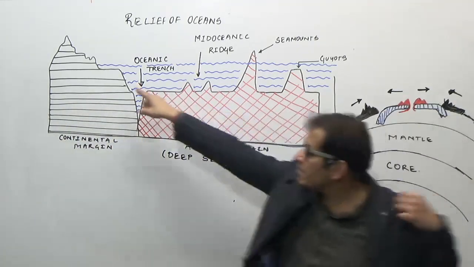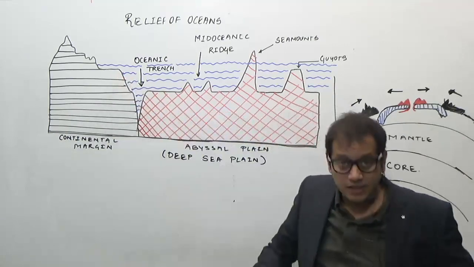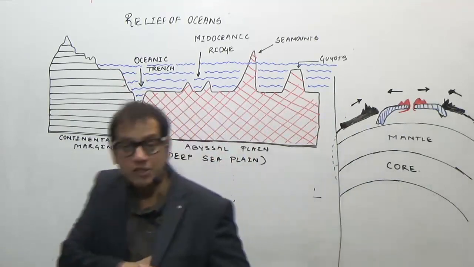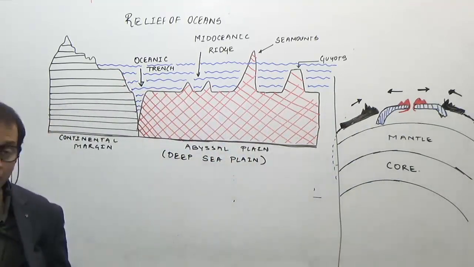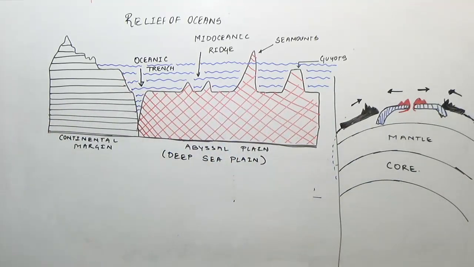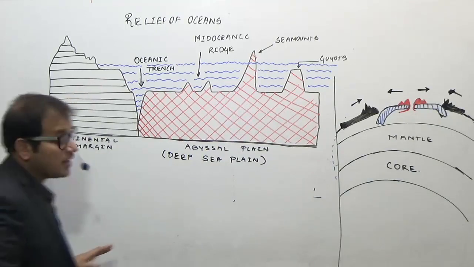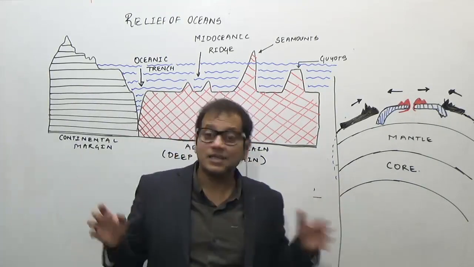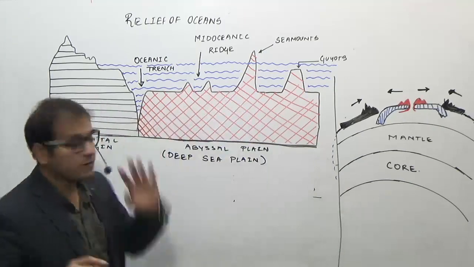The flat terrace-like feature is a continental shelf. After that, the sloping surface is a continental slope, and a slight mound or rise at the end of a continental slope is a continental rise. So we stopped here. We also discussed that the abyssal plain is made up of different parts.